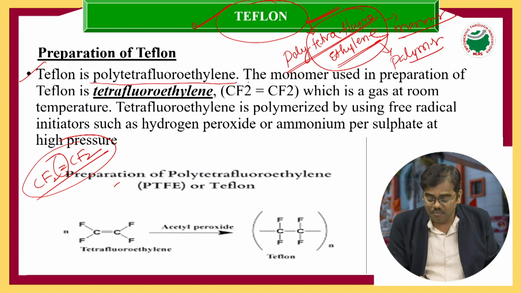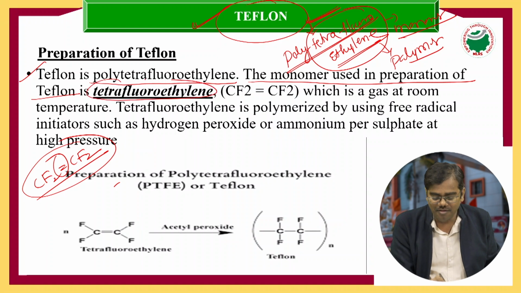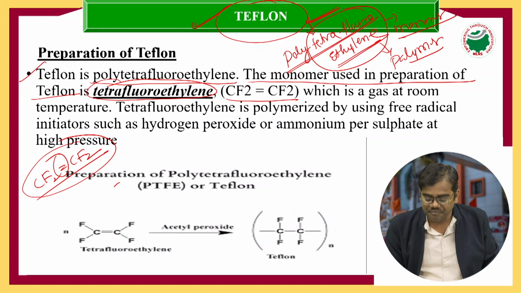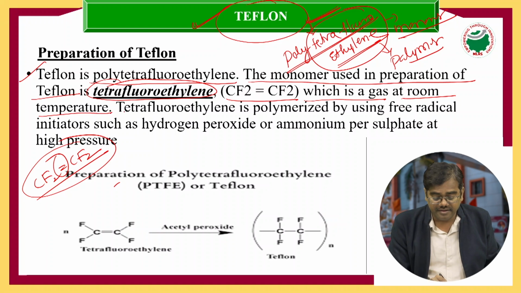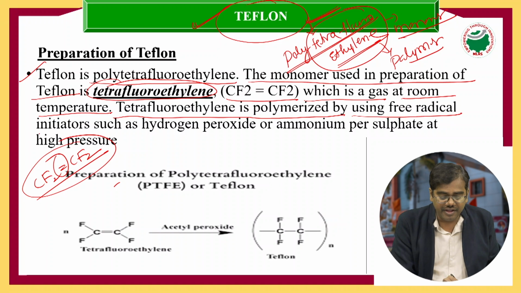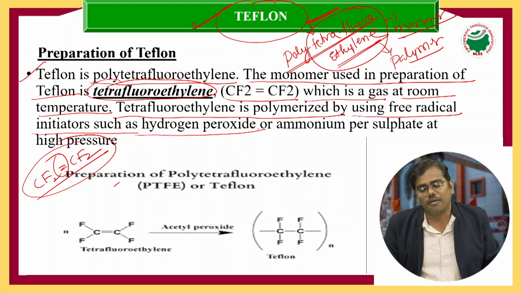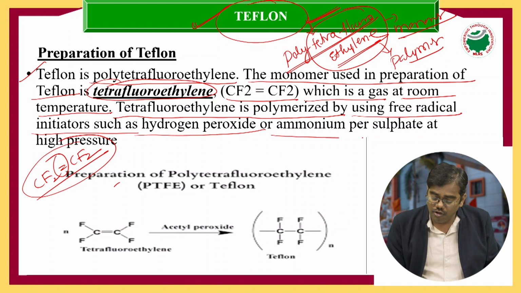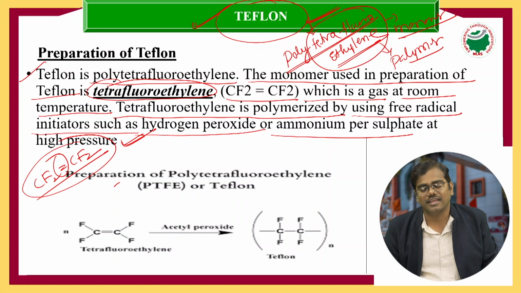Now here, first point: Teflon is polytetrafluoroethylene, and the monomer used in the preparation of Teflon is tetrafluoroethylene, that is CF2 double bond CF2, which is a gas at room temperature. Tetrafluoroethylene is polymerized by using free radical initiators such as hydrogen peroxide, benzoyl peroxide or ammonium persulfate at high pressure.